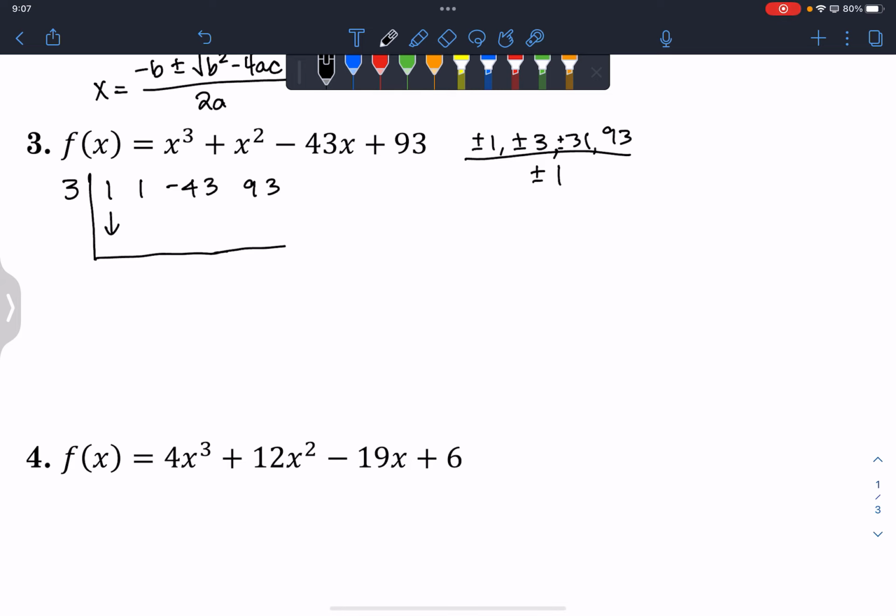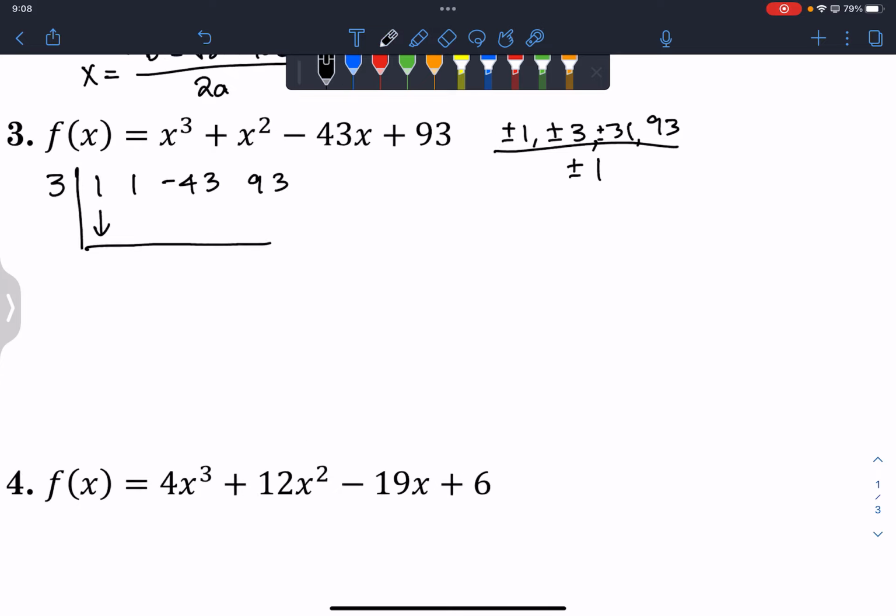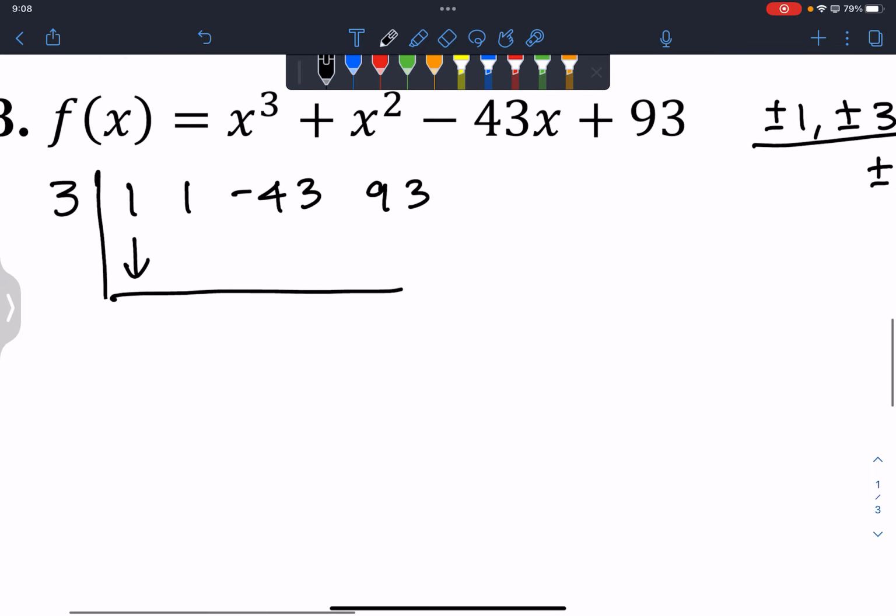So we bring down the 1. Let me zoom in. And that's 1. 1 times 3 is 3. This adds up to 4. This is 12. And 12 plus negative 43, that adds up to negative 31. Multiply that with 3, that's negative 93. And this adds up to 0, so that one works.